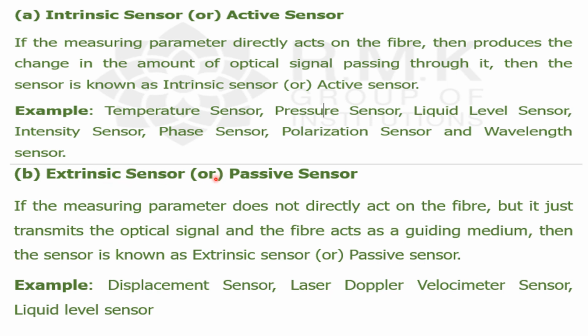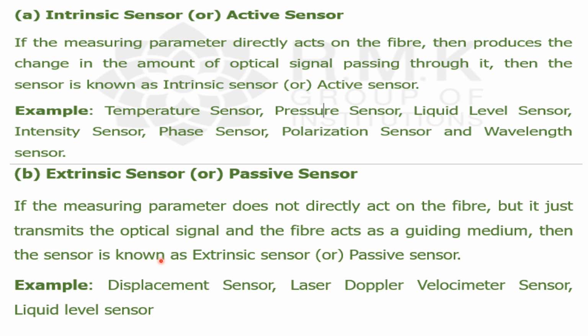Then extrinsic or passive sensor means if the measuring parameter does not directly act on the fiber, but it just transmits the optical signal and the fiber acts simply as a guiding medium, then the sensor is known as extrinsic sensor or passive sensor. Example, displacement sensor, laser Doppler velocimeter sensor, liquid level sensor.